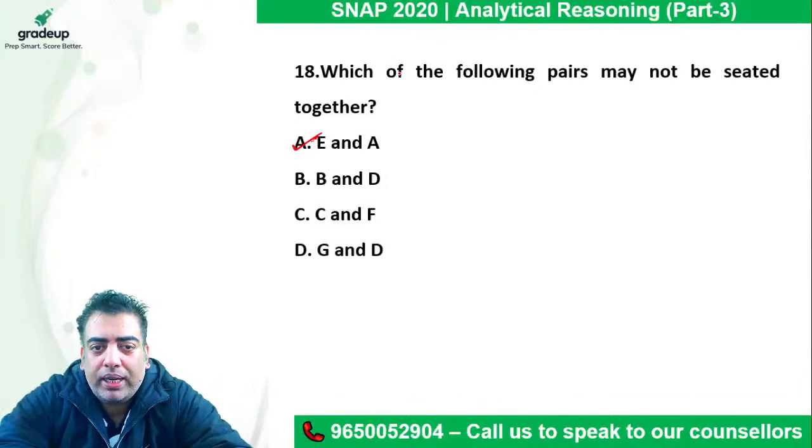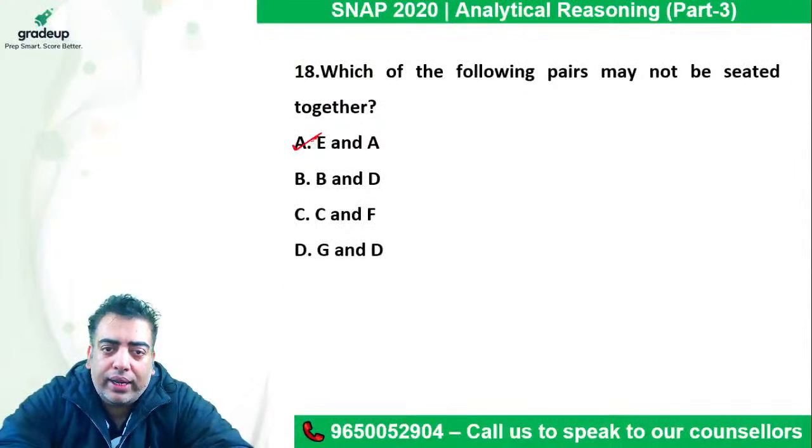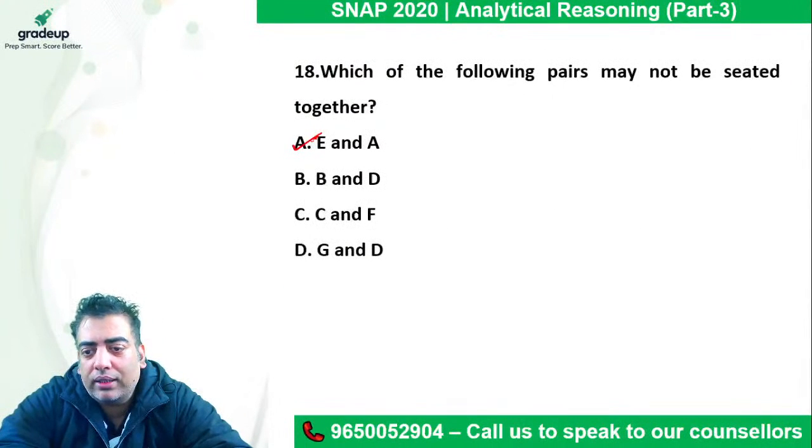Second is B and D. So B and D can be together. C and F can be together. G and D can also be together. So E and A are the only ones who can never be together. So everyone, please check it out. I hope it is clear to each and every student.